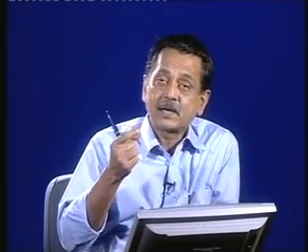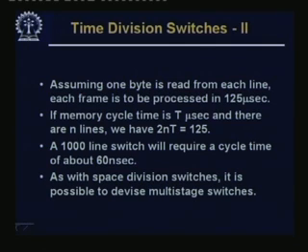So, in 1 second there are 64,000 bits. If we handle 1 byte at a time, it will be 8 kilobytes per second, and 1 over 8 kilobytes per second would be 125 microseconds. So, this is the basic time for a frame.